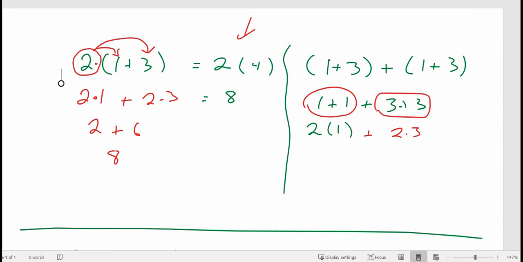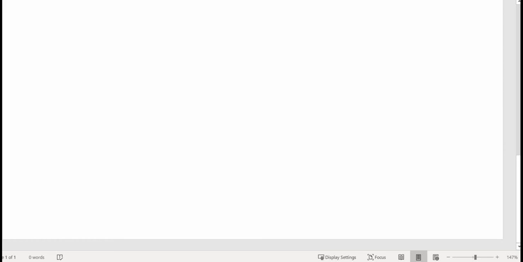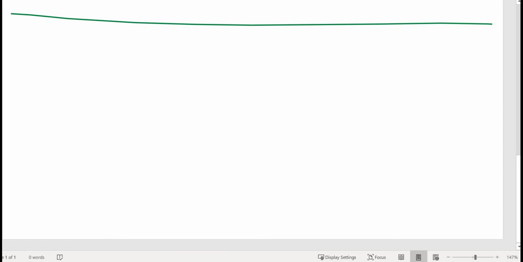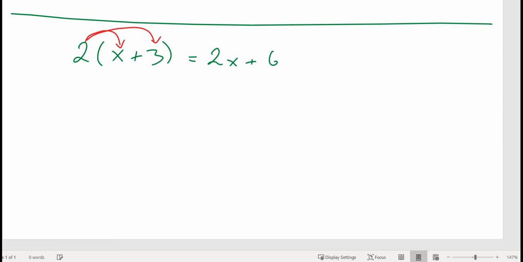The handiness of the distributive property comes in when you're dealing with variables, and you're trying to solve equations or simplify things that have variables involved. So if I have 2 times x plus 3, I don't know what x is, so I can't just add it to 3, right? So I can't really follow the order of operations and add those first, but I can use the distributive property to take 2 times x and then 2 times the 3 and write that as 2x plus 6.